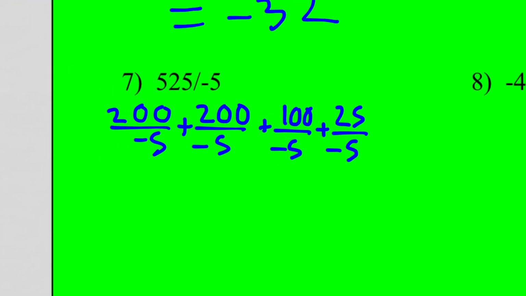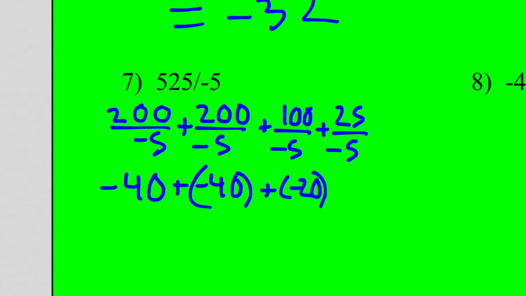I don't know why you do that, but the point is, thinking like this develops your number sense. So negative 200 divided by 5 is negative 40 plus negative 40, right? You're doing that twice. And 100 divided by negative 5 is negative 20.